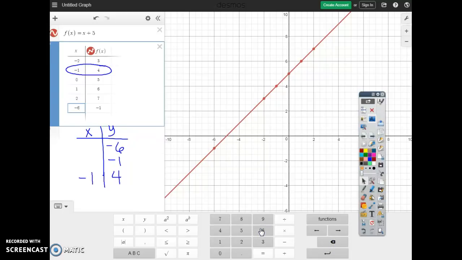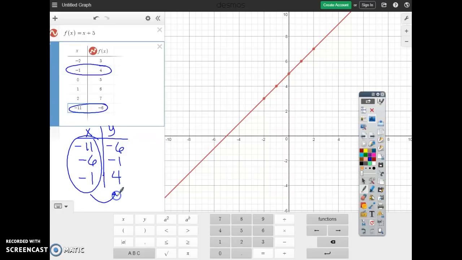So -6 gives me, see, -6 gives me -1. So right here, that would be a -6. And I need the other number that's going to give me -6. So I'm going to keep typing. -11 gave me -6. So these are the domains that give me this range.